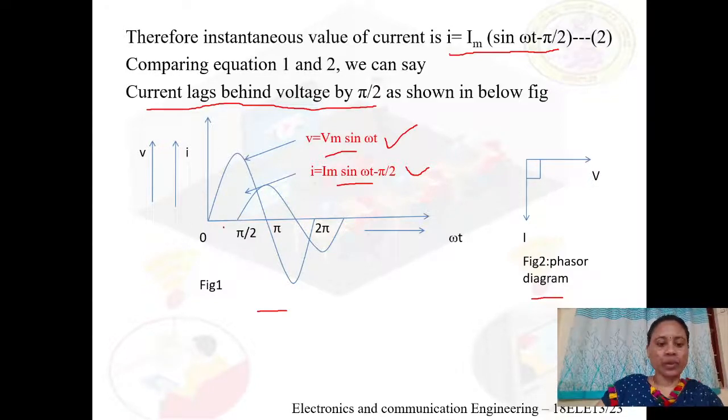Let us take the waveforms first. Here we'll take voltage and current along y-axis and the time along x-axis for the waveform diagram, that is figure 1. So here, since the voltage has a phase difference of 0, we just start at the 0 reference line and write the sinusoidal wave for the voltage.